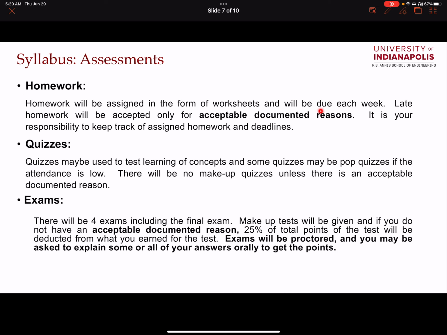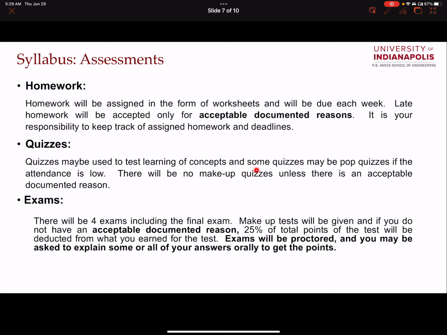So the homework grades will be a completion grade, and then we're going to go through most of the homework problems, and other problems that you think are difficult for each section, at the beginning of each class. Then you will be given a quiz on most days, so that will test your learning of concepts that you learned in the previous class.